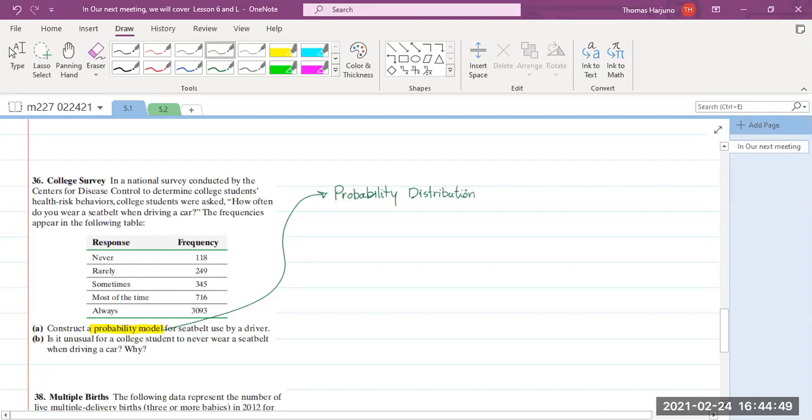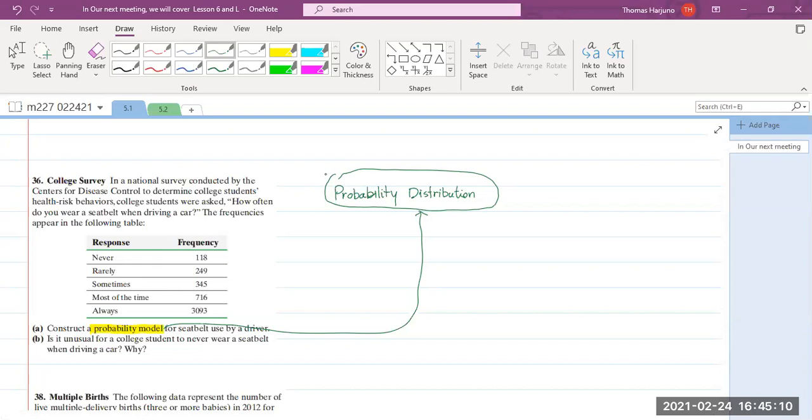Okay, the correct terminology is actually probability distribution. You can read other textbooks, and out of 100 textbooks, maybe only 2 say it is probability model, and those 2 are written by this same author.